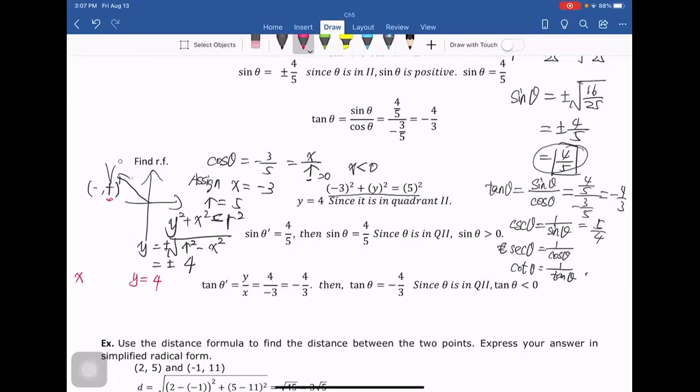So I have x equals -3, y equals 4, r equals 5. Sine theta equals y divided by r, cosine theta equals x divided by r, and tangent theta equals y over x. Plug in all the x, y, and r, and you're going to find the six trig function values.